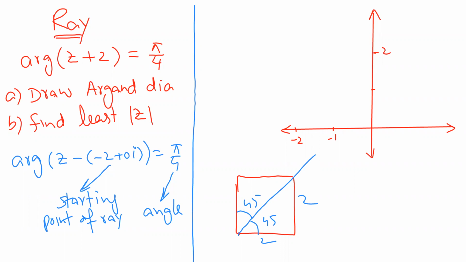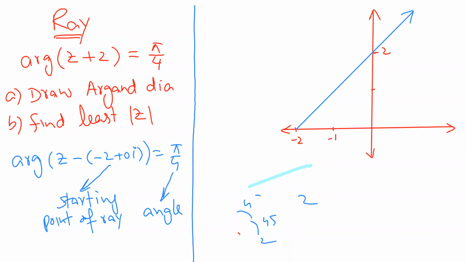Now you can see that the ray is going to start from the point negative 2 and it goes like this. One point has an end, the second point is endless. Now I think you got the idea.